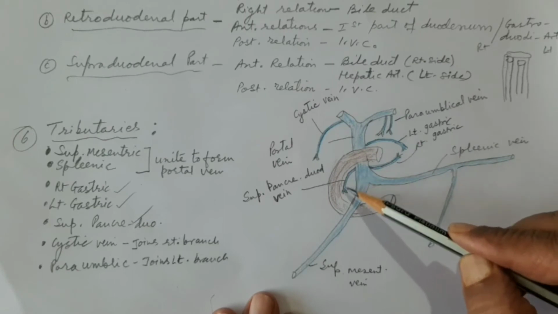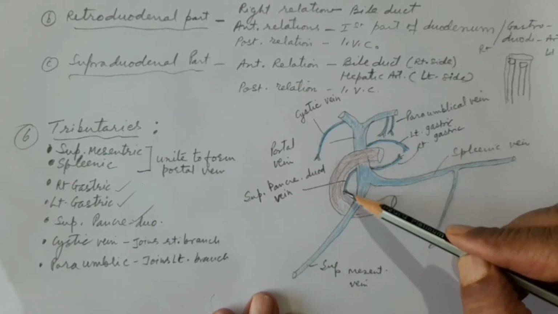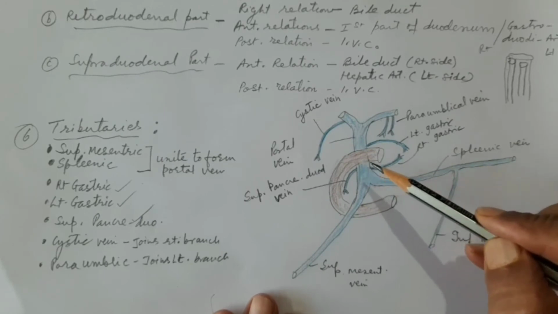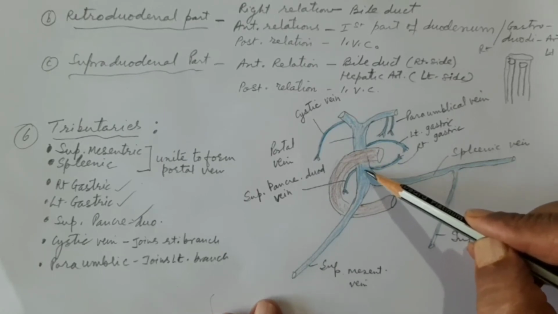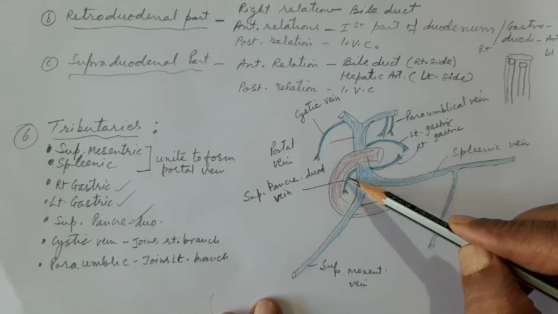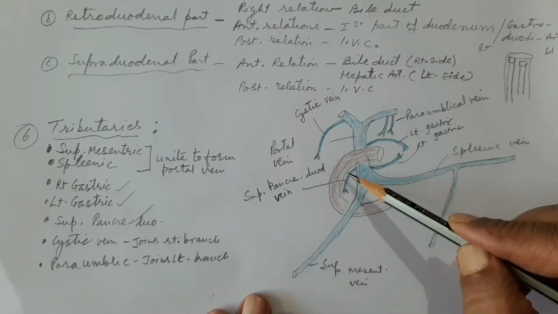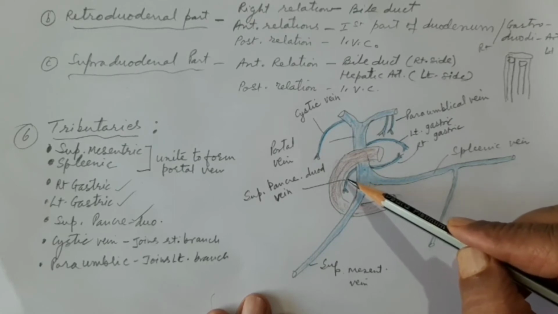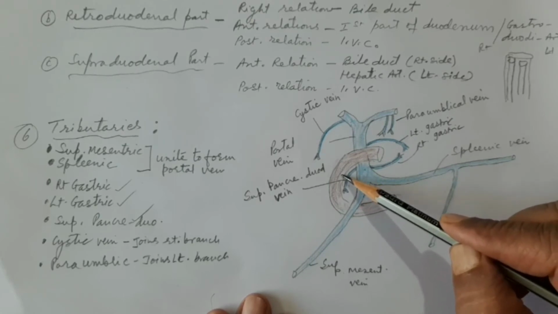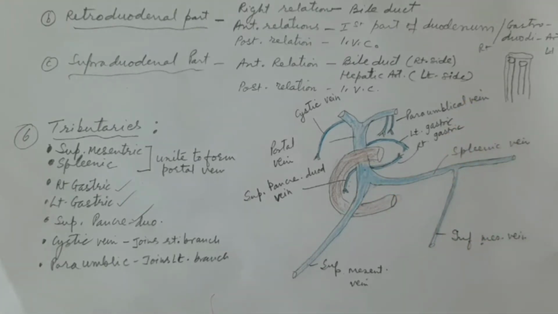This vein drains its blood into this part of the portal vein, which is called the infraduodenal part. So it drains blood not only from the pancreas but also from the duodenum, and so it is called the pancreaticoduodenal branch. This is another tributary.